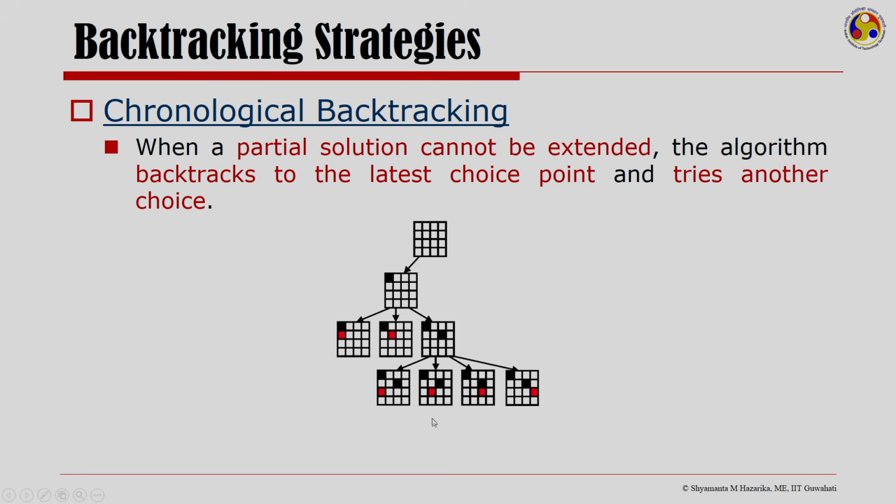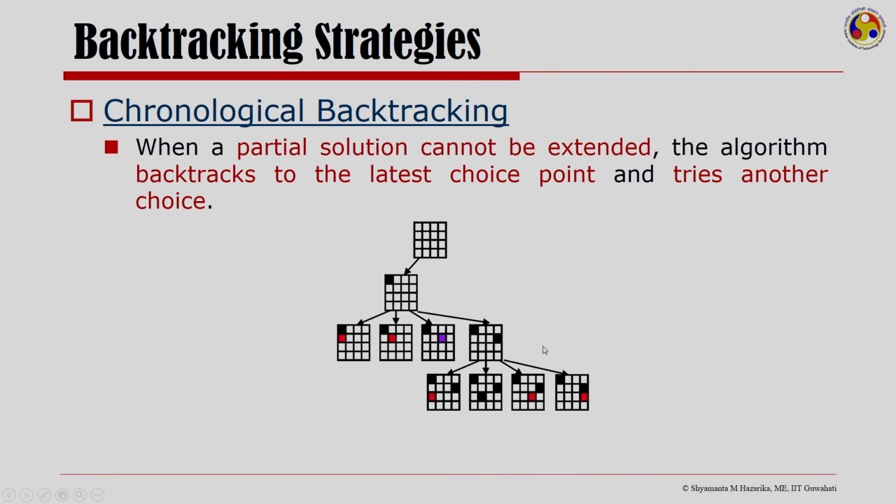According to chronological backtracking, we would now need to backtrack to the point where we could get the second choice. So we would backtrack from here, and we will look for using the other choice at this choice point, which enables us to have a legal value for our third queen.